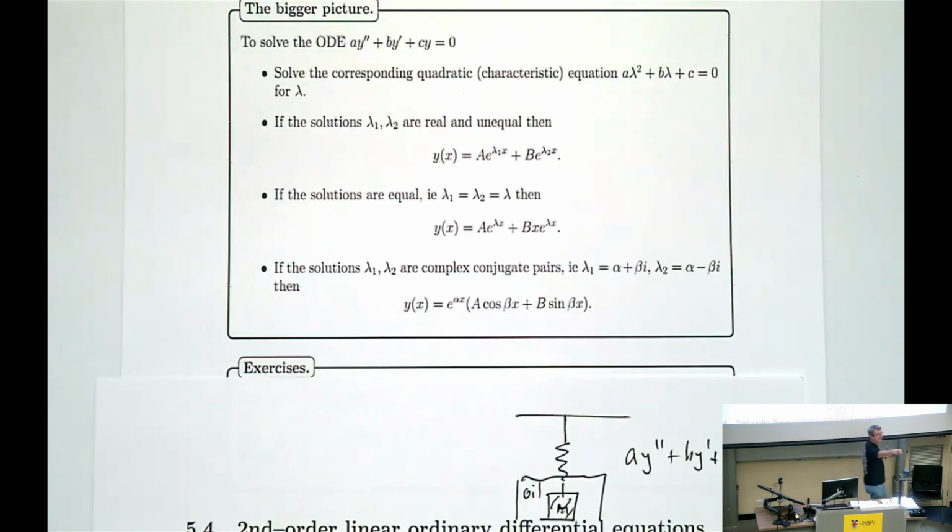What happens if I tap the mass? So I pull it, I let it go, or I compress it and I let it go, and then I'm constantly giving it a nudge, or giving it some sort of force to keep it going, or not let it get to rest.